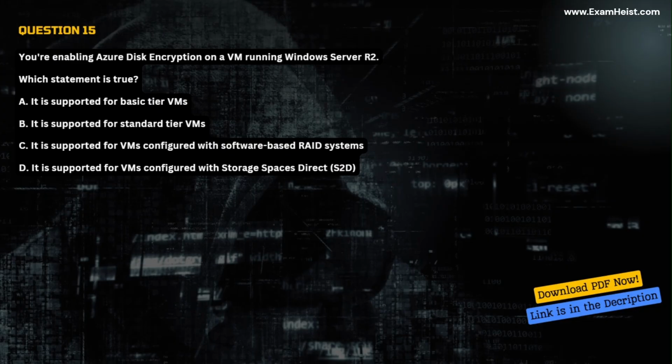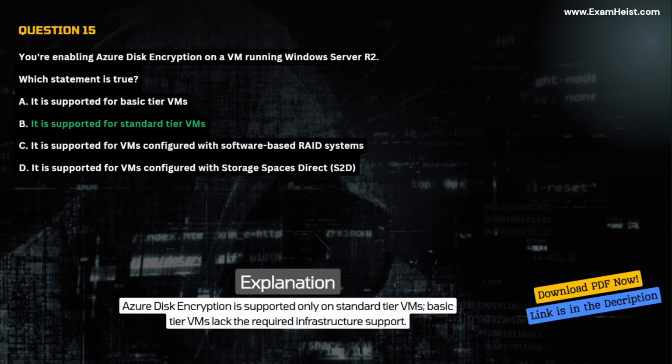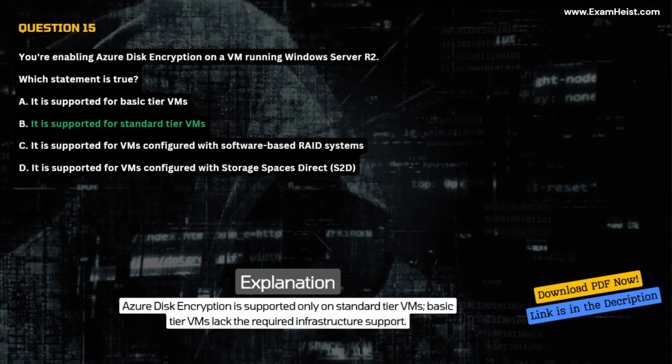D. It is supported for VMs configured with Storage Spaces Direct (S2D). Correct answer B. It is supported for standard tier VMs. Explanation. Azure Disk Encryption is supported only on standard tier VMs. Basic tier VMs lack the required infrastructure support.